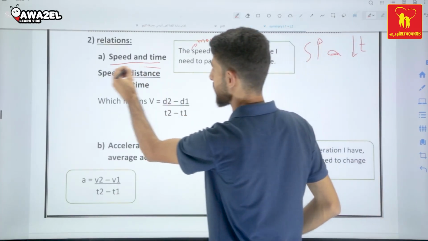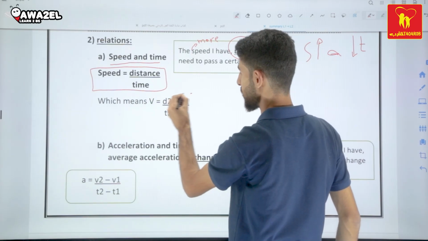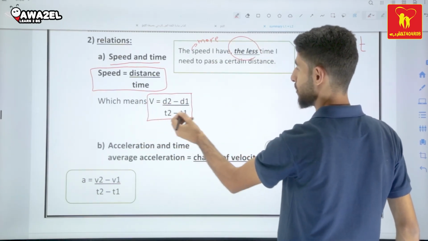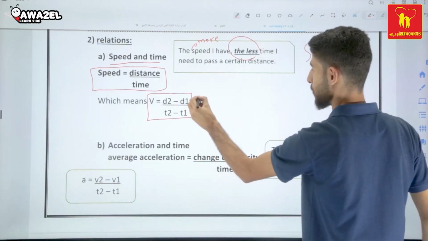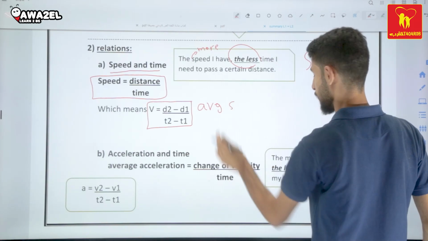It's measured as speed equals distance over time. And as we say here, V equals d2 minus d1 over t2 minus t1, which we call average speed or velocity.